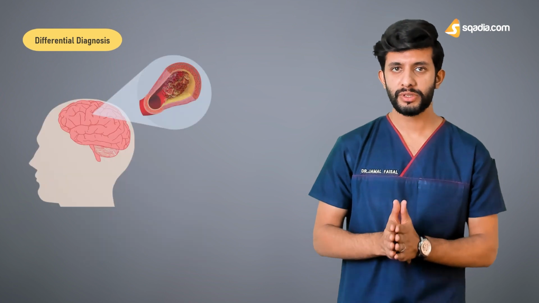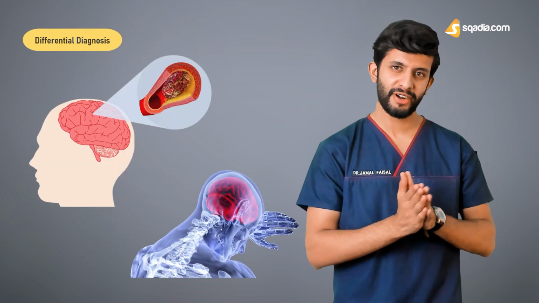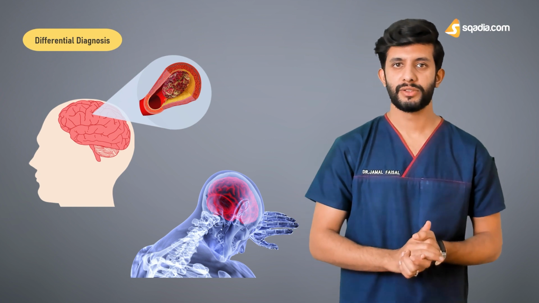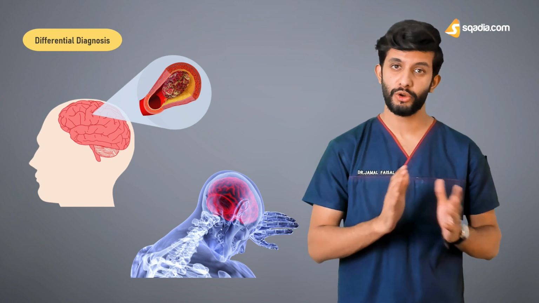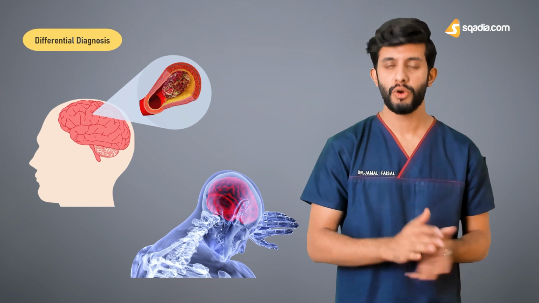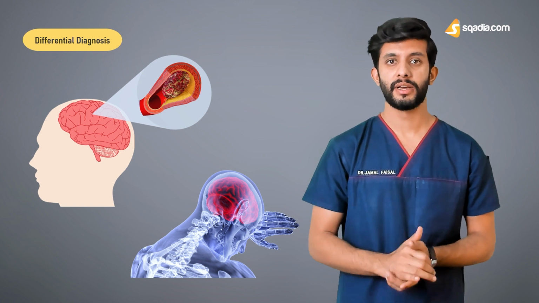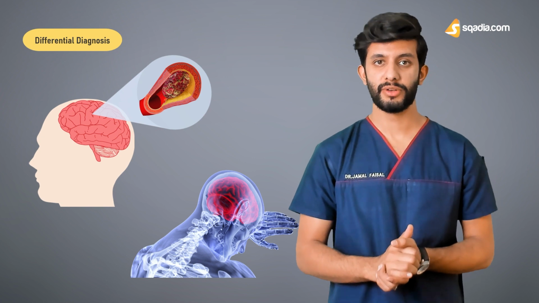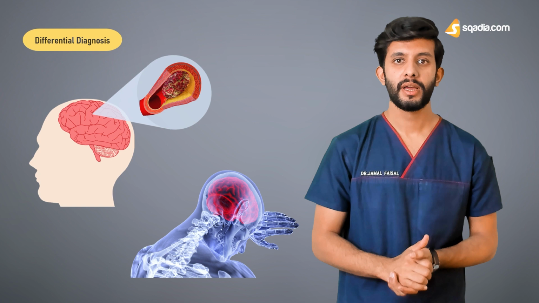TIAs and strokes, that's veering into the sort of neurological side of things. And so that could be due to the dissection, or it could be otherwise. A plain CT scan of the brain could give us information about that.